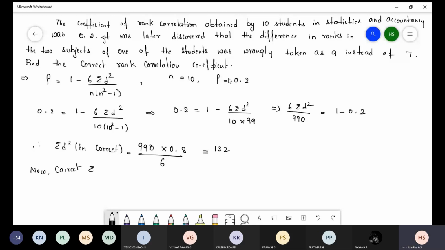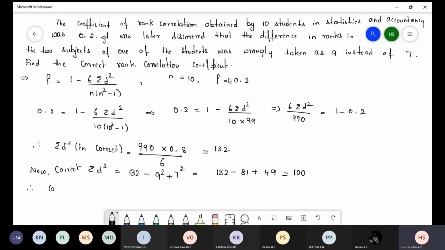Next, after finding this, the correct summation of d square is equal to 132 minus the wrongly taken value, we have to mention in the negative sign, minus 9 square plus the correct value, 7 square, that is equal to 132 minus 81 plus 49, we get 100.